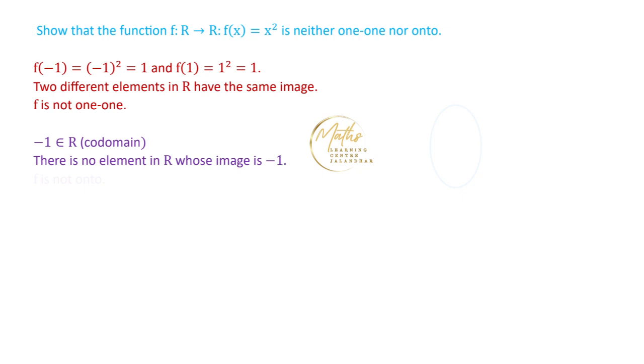That is, x² cannot be equal to -1 for any x belonging to R. So we are saying that this function f is not an onto function.